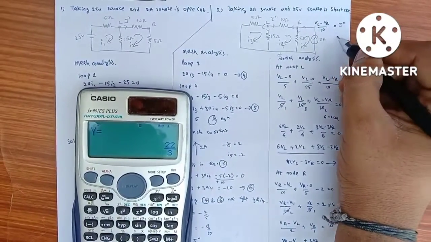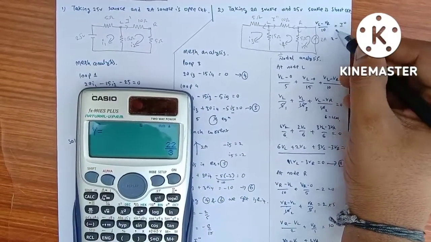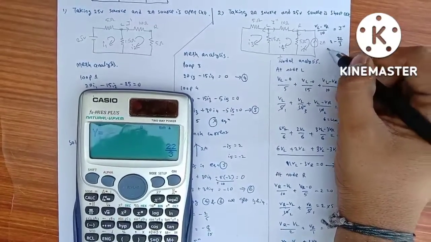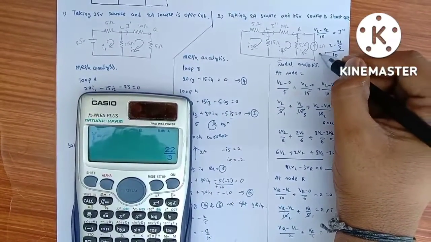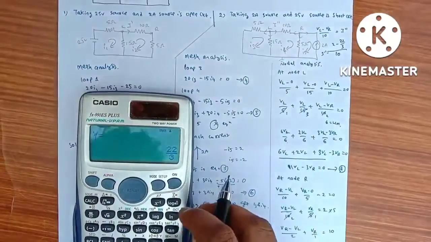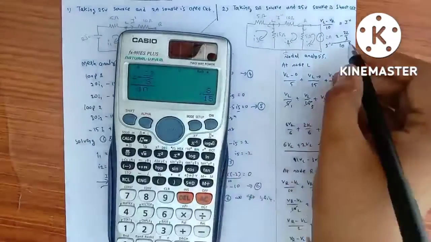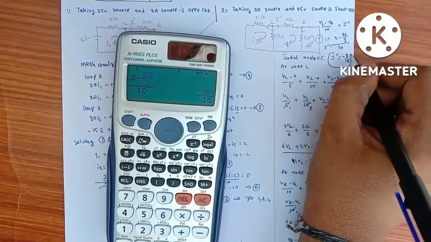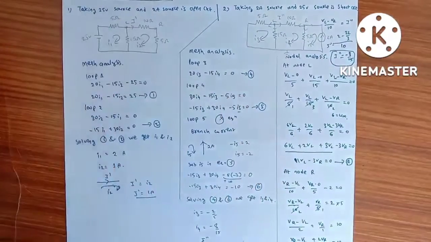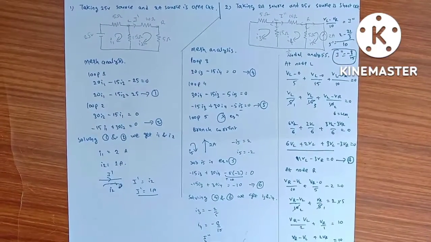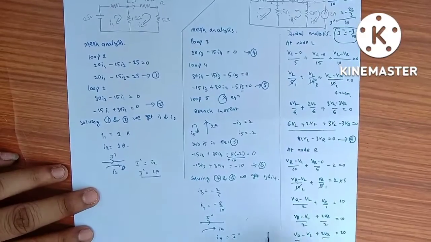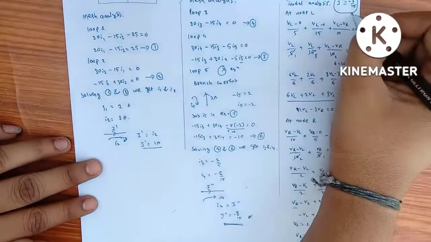We got VL as 2 volts and VR as 22 by 3 volts, divided by 10, which is equal to I double dash. So if we solve this, I double dash is equal to minus 8 by 15. If we check this with mesh analysis, we get I double dash as minus 8 by 15. So we got the answer is true.